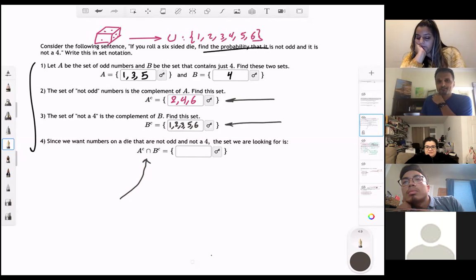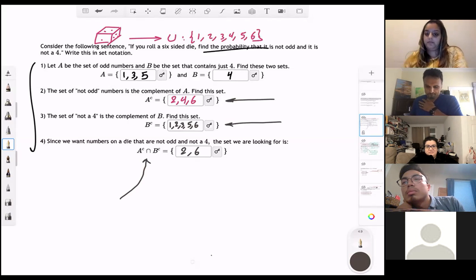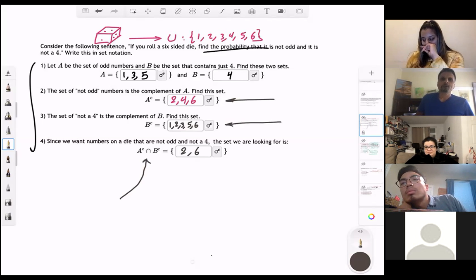What is the intersection? 2 and 6. So that's the set. If you bring 2 or you bring 6, that's a set of numbers which is not odd and is not 4.